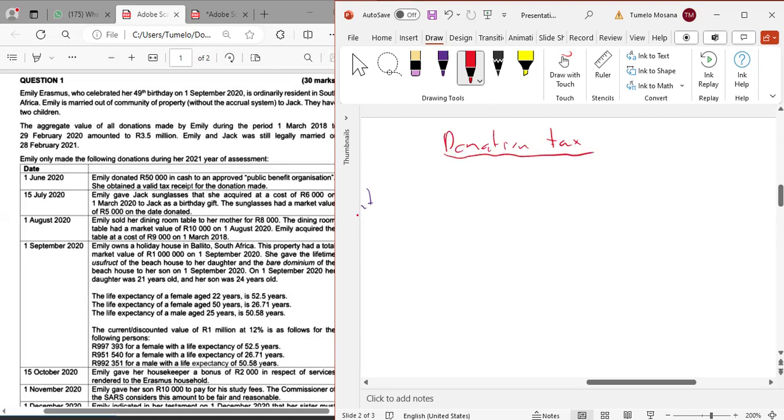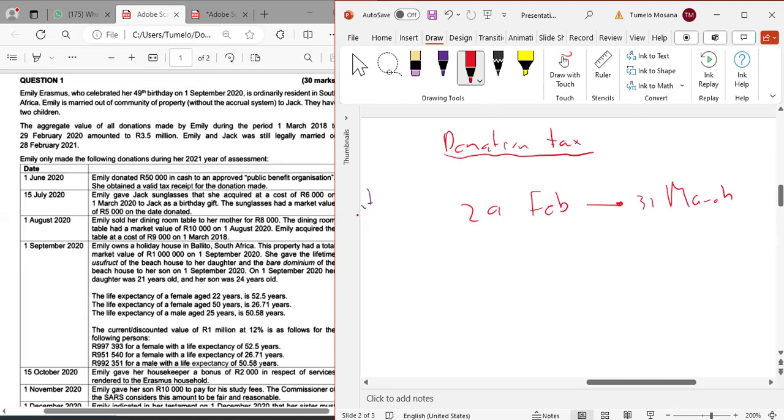So it is quite unfair, but yes. Donations tax must be paid at the end of the month following the month the donation takes place. So if you donate on the 29th of Feb, your donations tax must be paid on the 31st of March, the last day of the month following the month the donation took place.